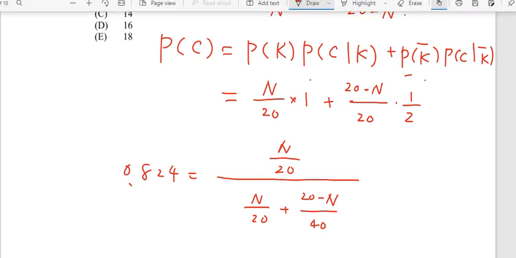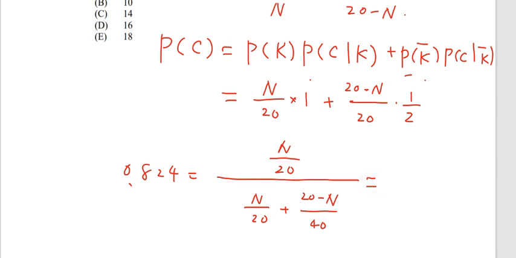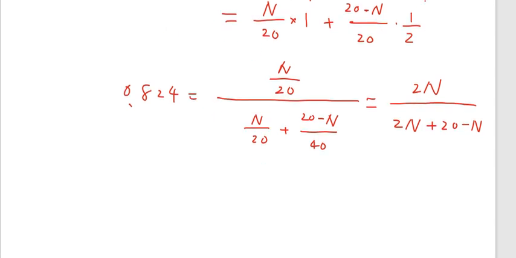So by now the problem becomes easy, right? So here I simplify this. We just multiply by 40. So this becomes 2n plus 20 minus n. And here is n, 2n. Yeah, multiply by 40, right? So we can solve this equation. We got this equation here: 2n over 20 plus n equals 0.824.